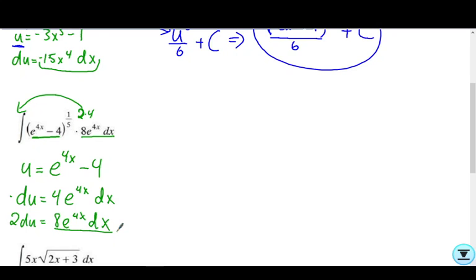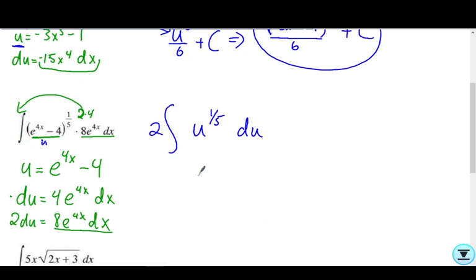Either way, once we substitute in, we're going to have this 2 out in front, and then this is my u, so I get u to the 1/5 power du. Okay?